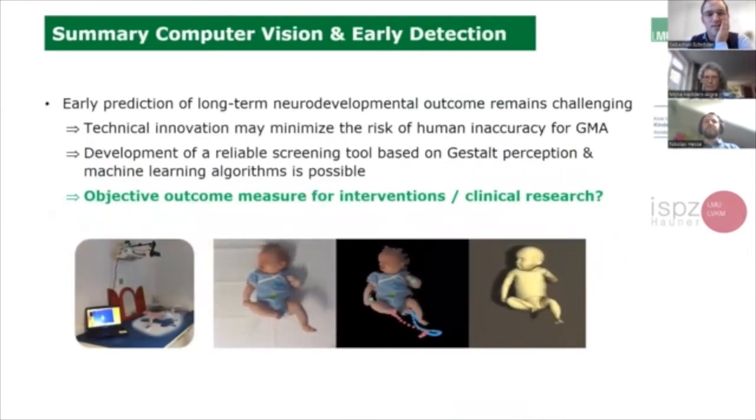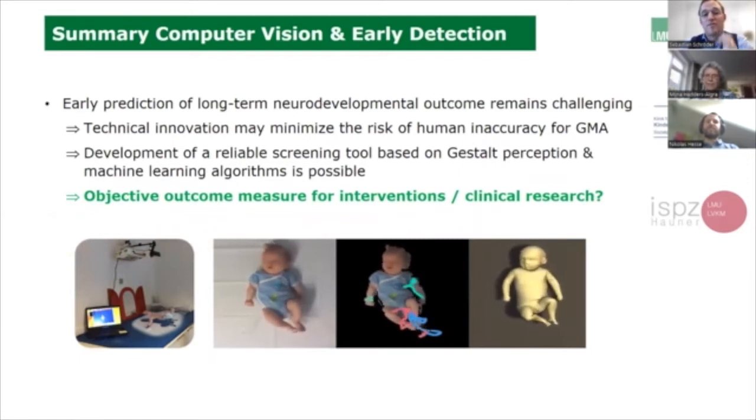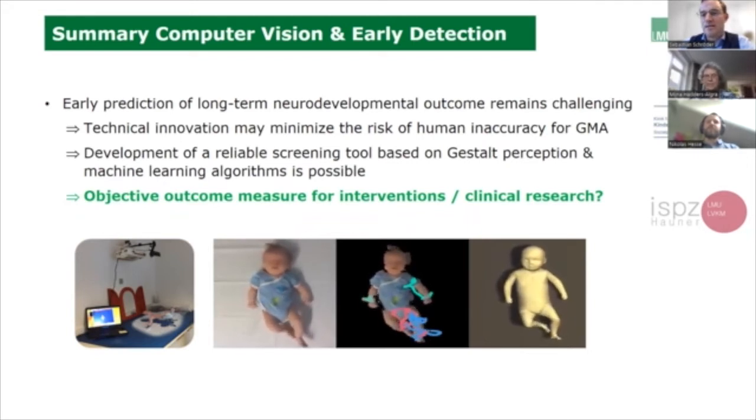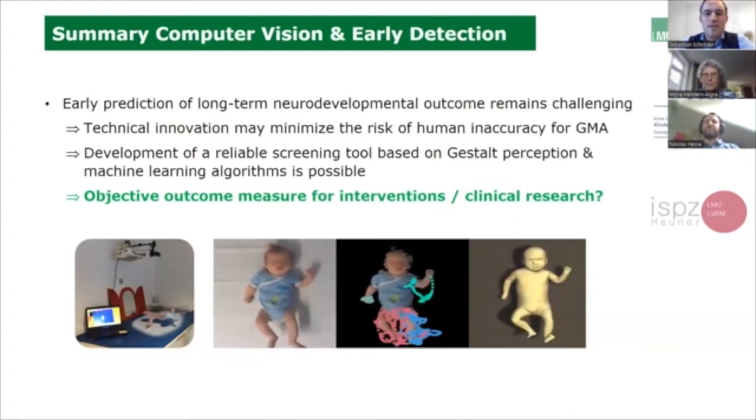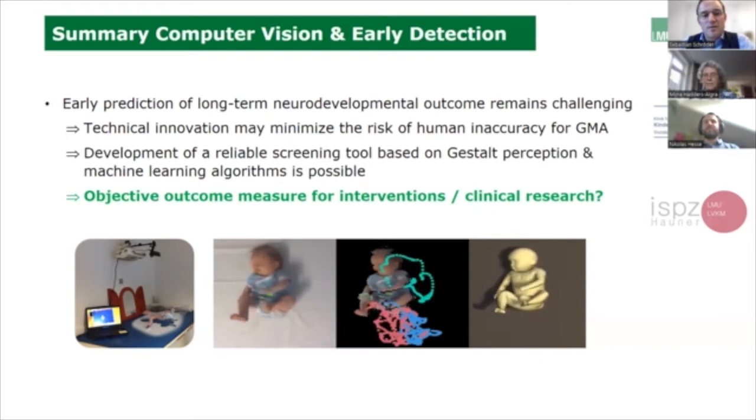So in summary already, we can say that, of course, early prediction of long-term neurodevelopmental outcome remains challenging. That is for sure, and we can discuss this later, why. But there seems to be a chance to use technical innovation to minimize, for example, the human error in the early detection part in the general movement analysis or the assessment of general movements.